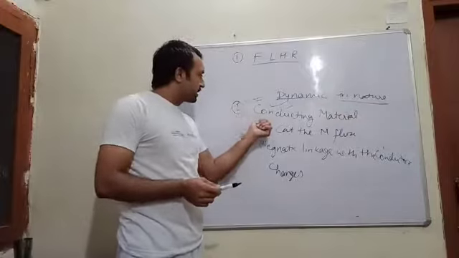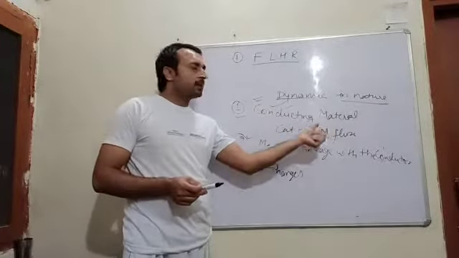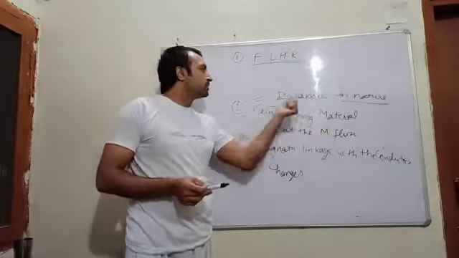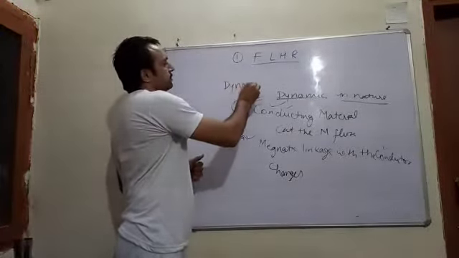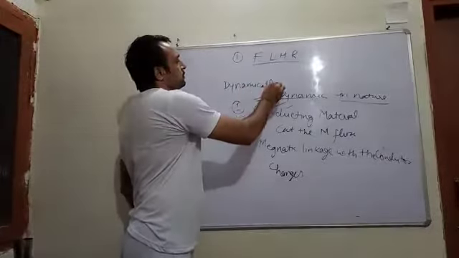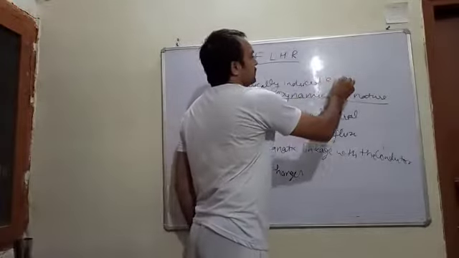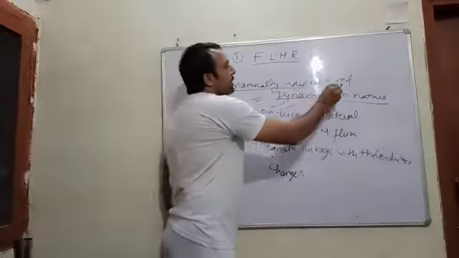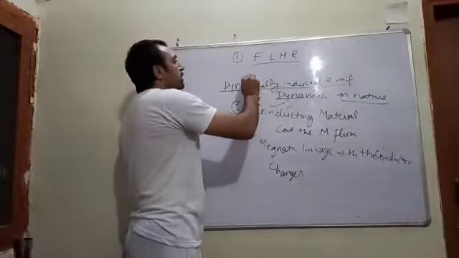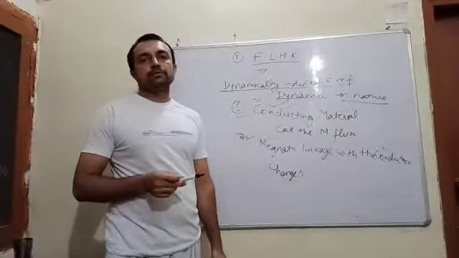So when the conducting material cuts the magnetic flux, the EMF induced will be dynamically induced EMF, and the direction of this dynamically induced EMF will be given by Fleming's left hand rule.